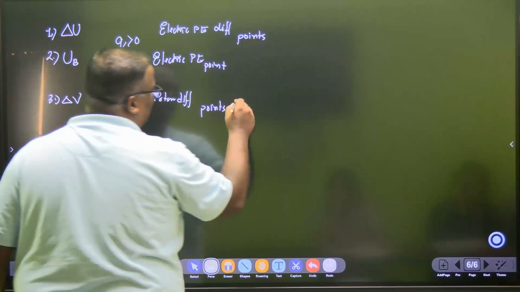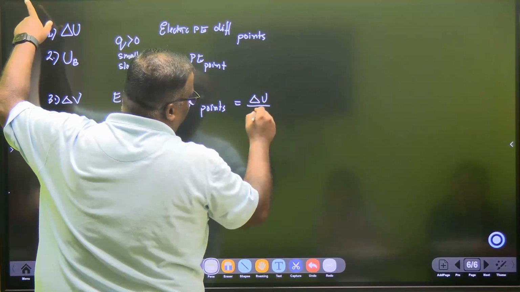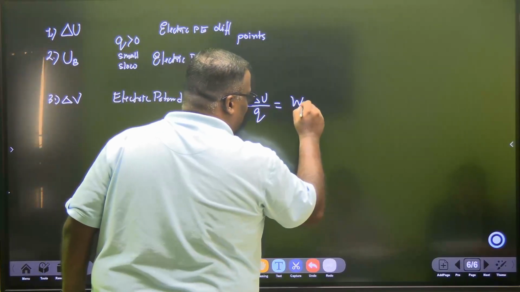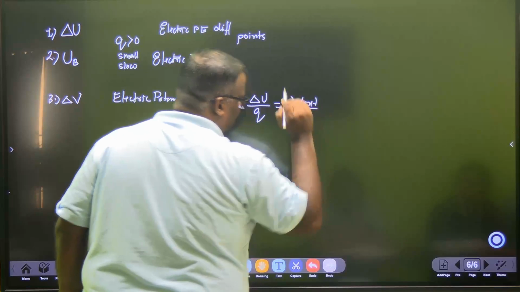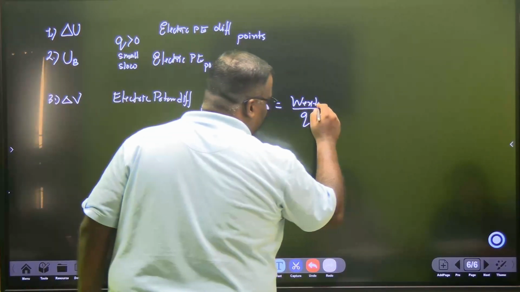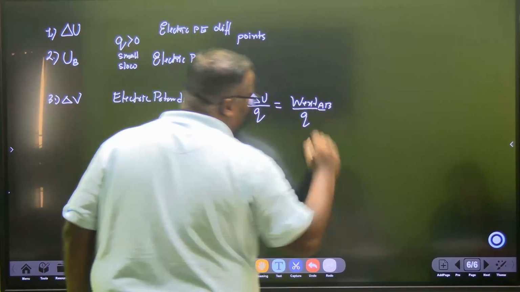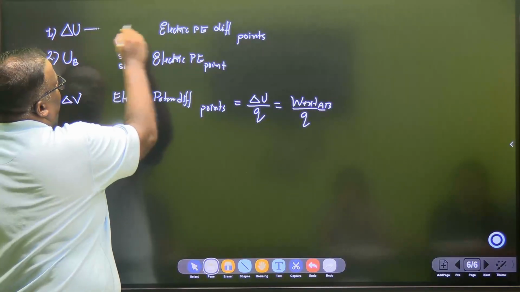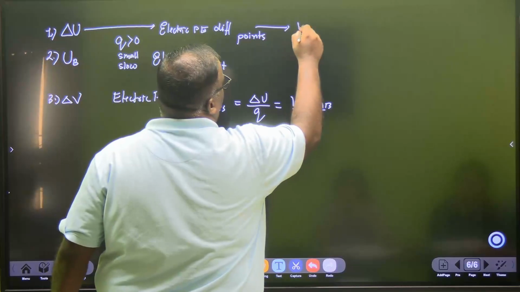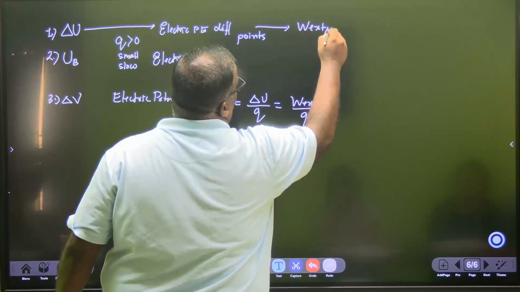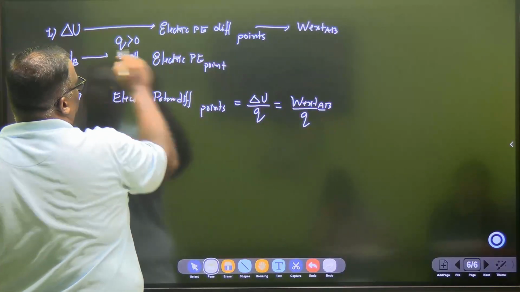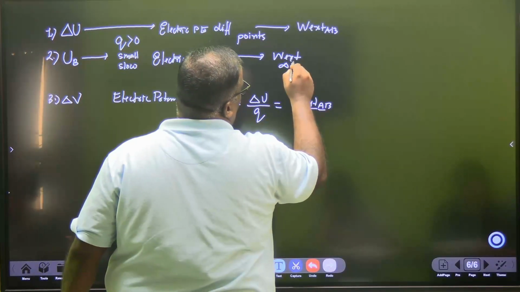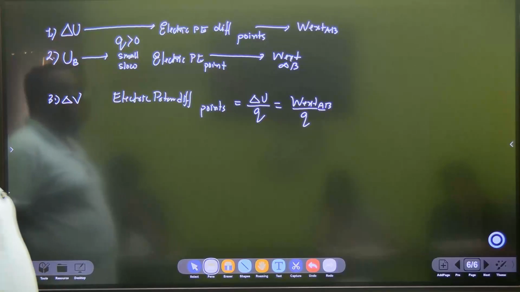And this is very simple. This is whatever delta U you calculated divided by Q, whatever was the external work done divided by Q. And this external point here, you could have been any point A and B. So this one was W external between A and B. This one is W external specifically from infinity to B. Then it gives you UB.